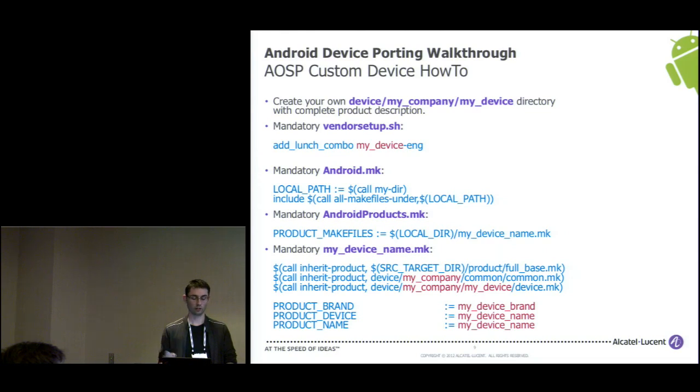Also, you have a set of other files, like the mandatory Android.mk file that is just used to include all the following make files, and the different other kinds of files, so AndroidProducts.mk, but also your device.mk, where you have to specify all the different make files that you want to include.